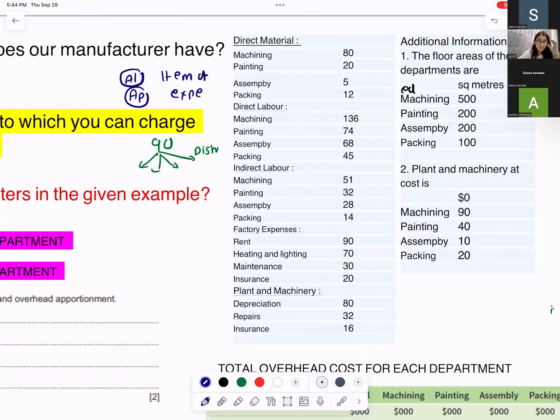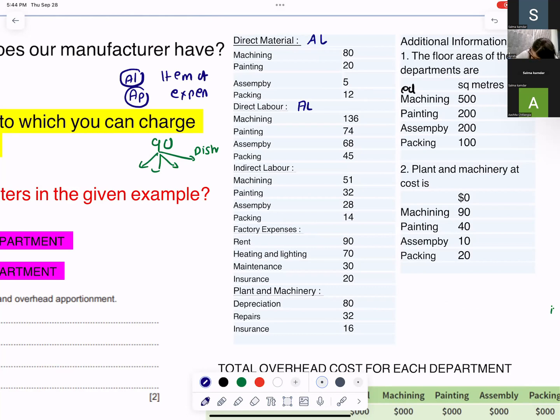For direct material, it is AL, allocation. For direct expense, it is AL. Direct labor, AL.